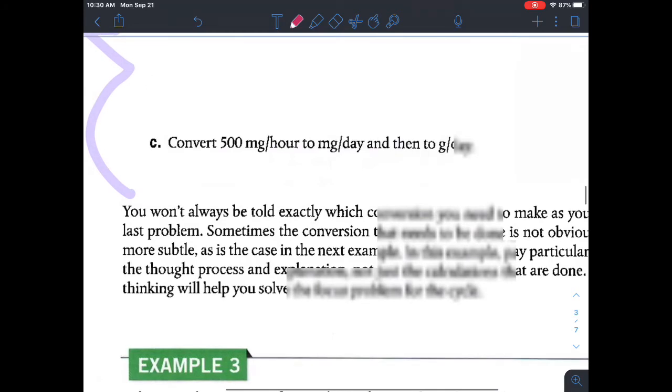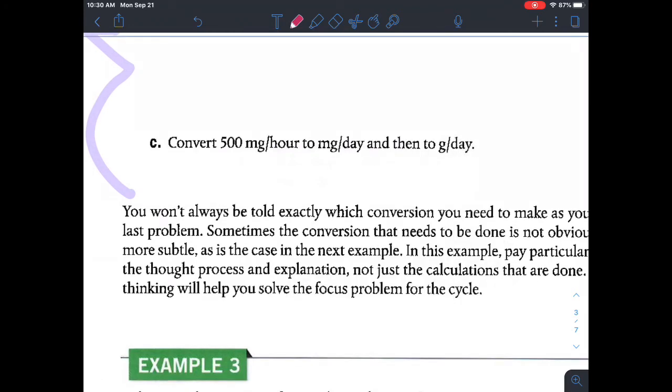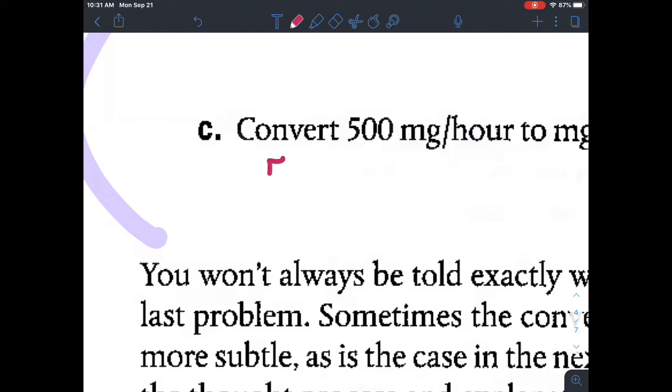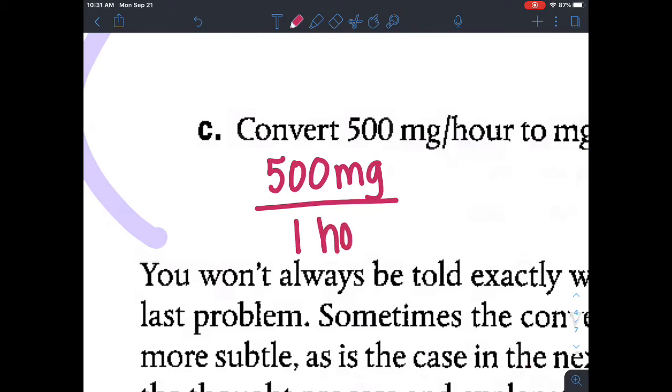And our last one, these are definitely not my favorite ways to do conversions. But just go with it. Okay, convert 500 milligrams per hour to milligrams per day and then to grams per day. So I'm going to set this up as a fraction because that's how it's written. 500 milligrams in 1 hour.